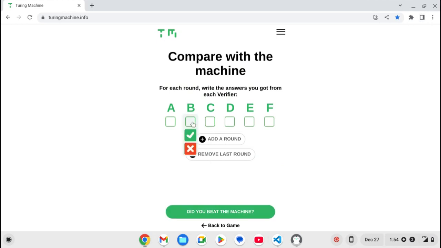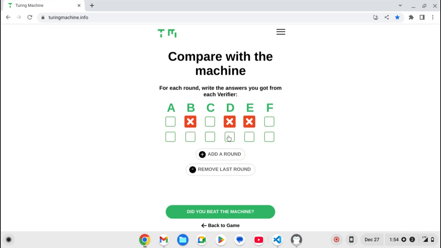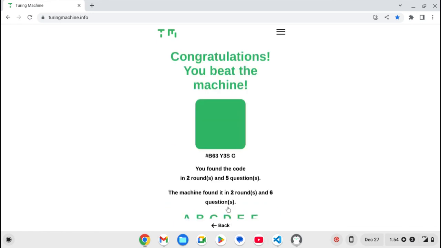So all wrong. But as we've learned, even incorrect answers still enable us to remove what is not possible or what's not acceptable, modify our interpretation, and remove options that are no longer valid. Well, let's see. How do we do? Okay, so we beat the Turing machine by 1 question.